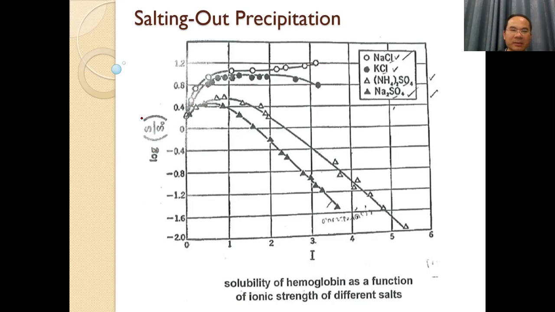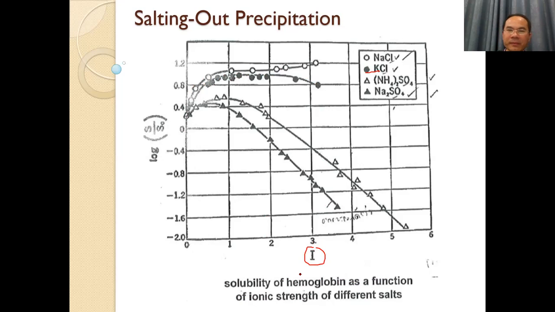The solubility increases with salt concentration, with a constant of about 1. The salt concentration is expressed as ionic strength, I. For potassium chloride, it also increases moderately and is constant for some range of I, and then it decreases at higher I.